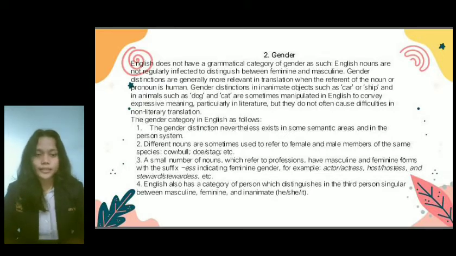The gender categories in English are as follows. The first, gender distinctions nevertheless exist in some semantic areas and in the person system.